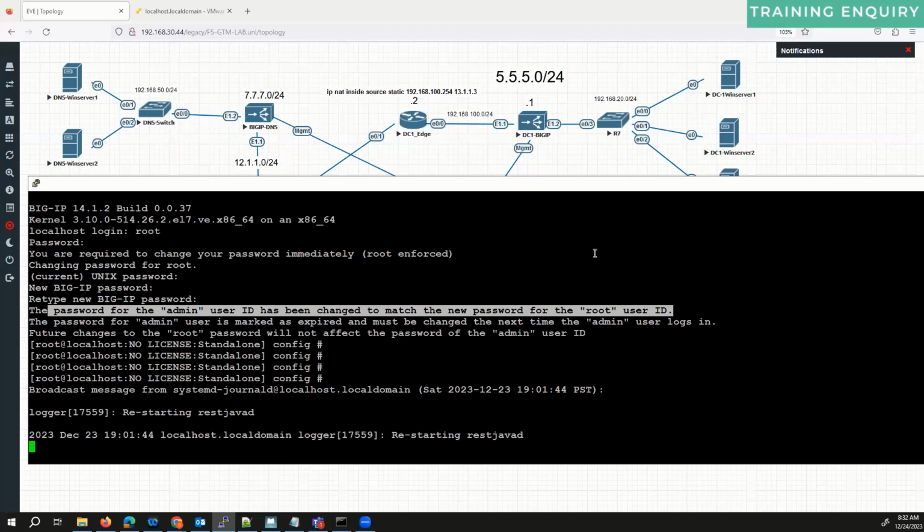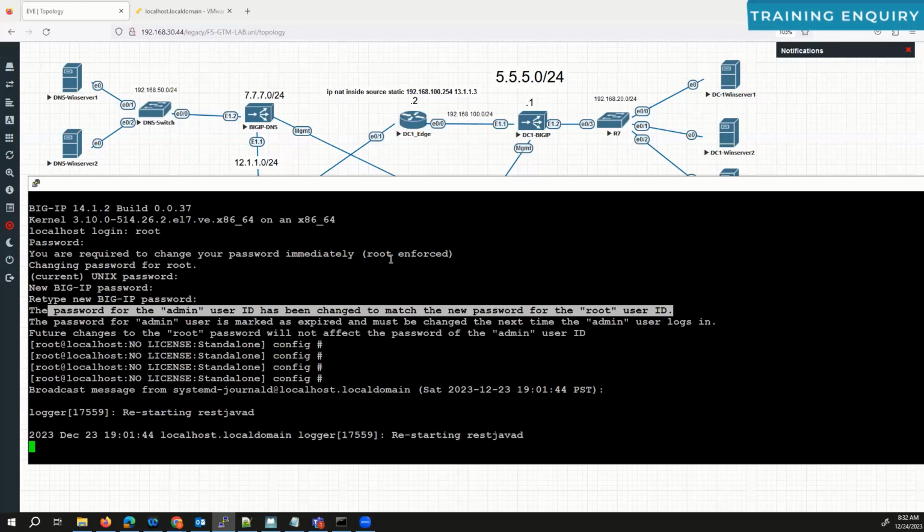Whereas for CLI access, root is the default user ID. Although we changed the password for root, it says that the password for the admin user has been changed to match the new password for the root user ID. I'm repeating my statement: although we set the password for root, the same password has been applied for the admin user ID as well.